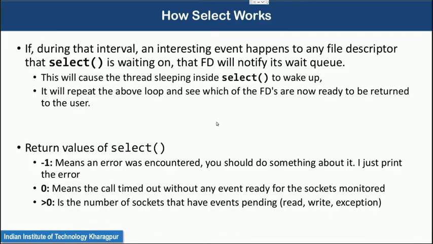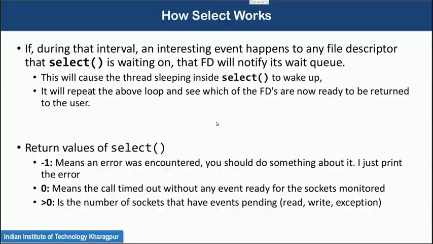Now, the return value of select has three cases. If it is -1, some error has been encountered; 0 means that the timeout has happened; and greater than 0 means the number of sockets that have an event pending, like read, write or exception.